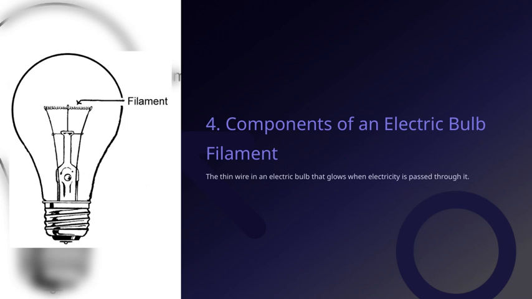Its material is usually tungsten because of its high melting point and durability. Understanding how the filament works helps us appreciate the science behind the light we use every day and how electrical energy is converted into visible light. This component, though small, is truly the heart of the bulb's function.